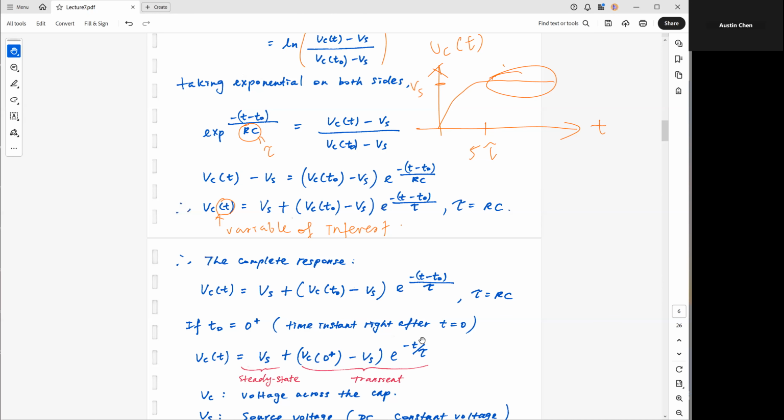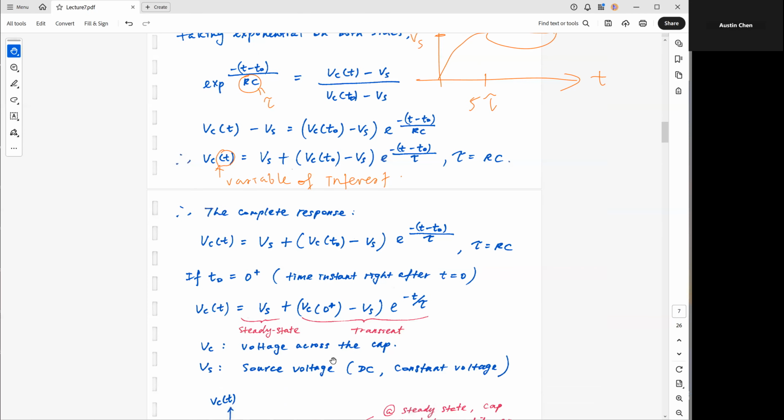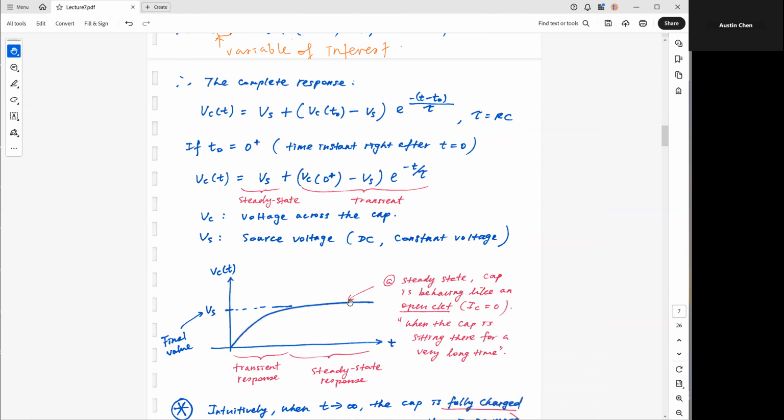So the transient part is set by this part of the equation. Again, the total response consists of 2 parts. One is the transient response, and the other one is the steady state. All right, so I do have the plots over here.